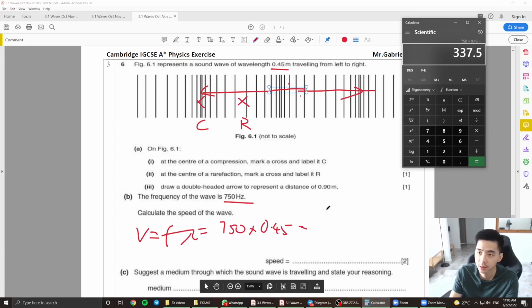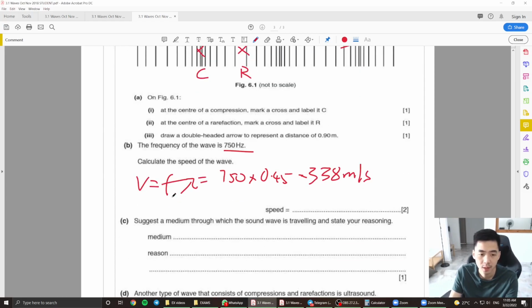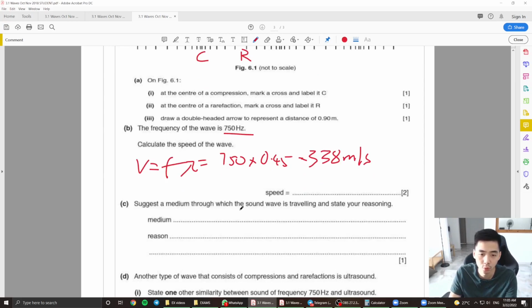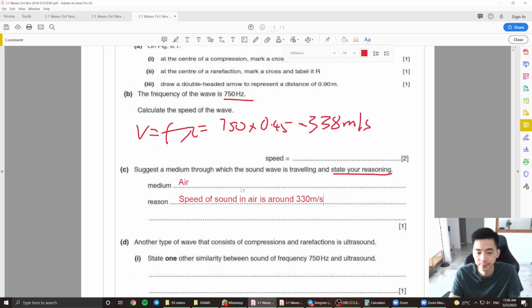You get exactly 338 meters per second. Suggest a medium through which the wave is traveling and state your reasoning. The medium here is definitely going to be air. Your reasoning is because the speed of sound in air is around 330 meters per second.